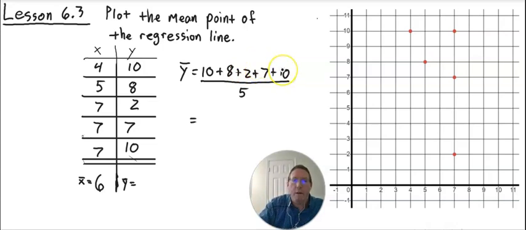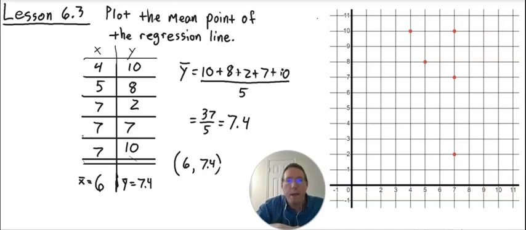So we have 37 divided by 5. I know 5 goes into 35 7 times, with 2 left over, and 2 divided by 5 is 0.4, so this is going to be 7.4. So y bar is 7.4, and so our mean point here for the regression line is going to be 6, 7.4.